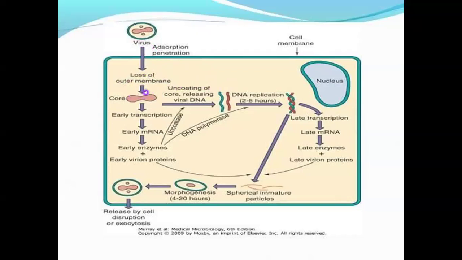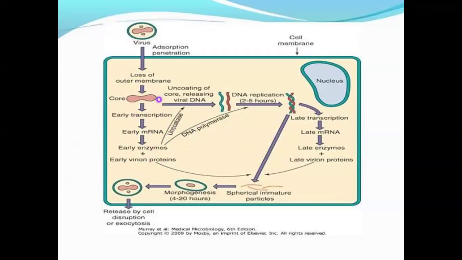Now, I want you to remember some biochemistry. There are a lot of biochemical reactions happening here, but I'm going to simplify this diagram. Number one, there will be transcription. Transcription is the process of converting DNA into RNA. Translation is the process of turning RNA into protein. That's basically what happens here. We have something called early transcription and late transcription. Let me explain. This virus has some enzymes in its core.